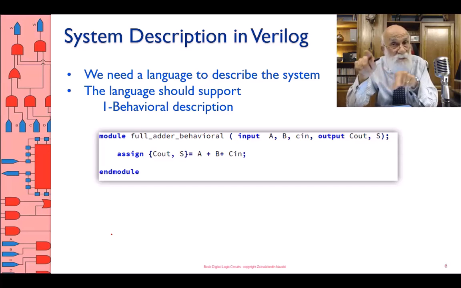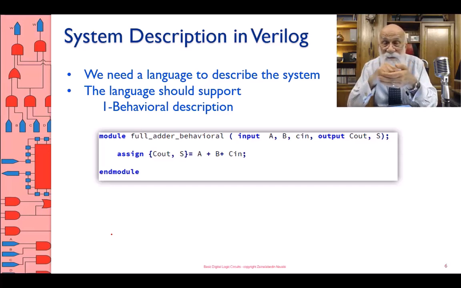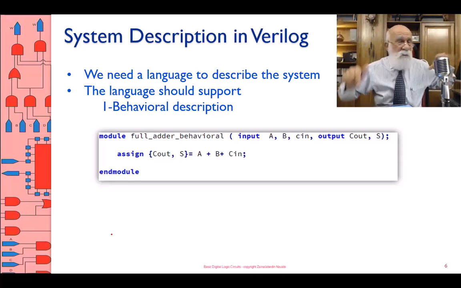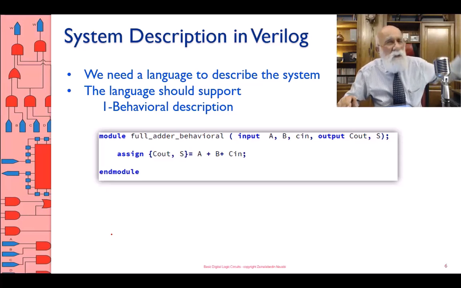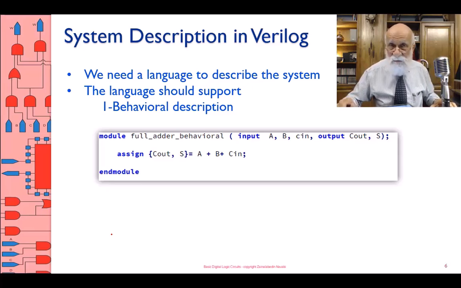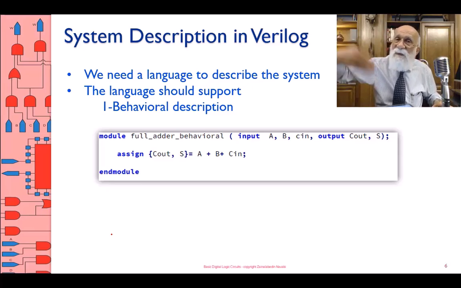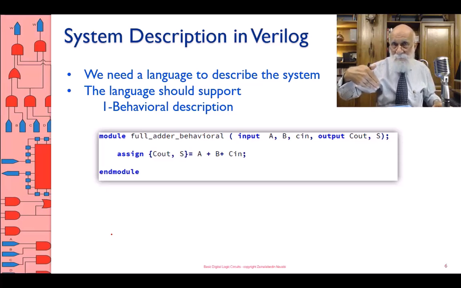I have to be able to tell the software program that this adder is built out of these little gates. I have to be able to describe a circuit, part behavioral, part functional, part gate level, in some cases transistor level also. And then analyze that, and then eventually synthesize that.